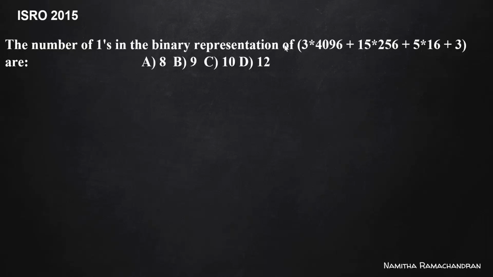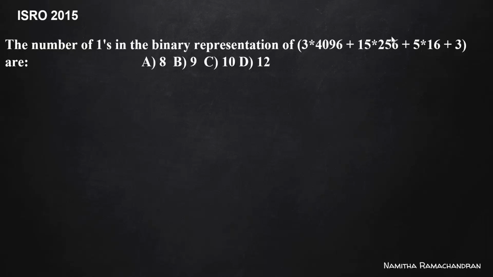After evaluating this, we need to convert that value into its binary, and we need to calculate or count the number of ones present in that. Okay, and we need to get the number of ones present in the binary representation of this. And the options are like this: 8, 9, 10 and 12.